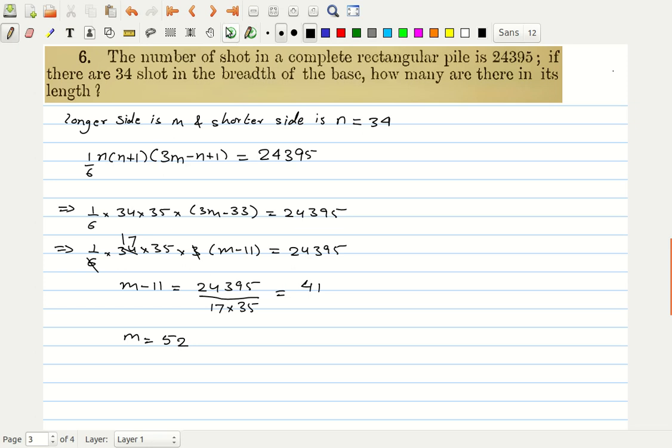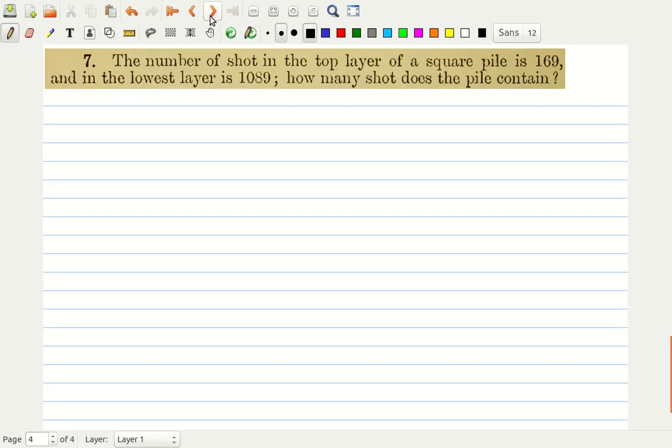Let us look at problem number 7. The number of shots in the top layer of a square pile is 169 and in the lowest layer is 1089. So we know that this arrangement of the pyramid is square. How many shots does the pile contain?